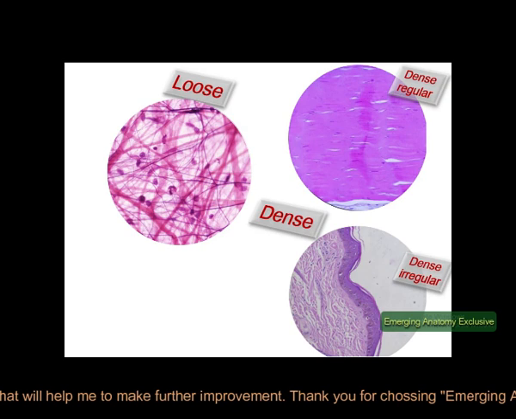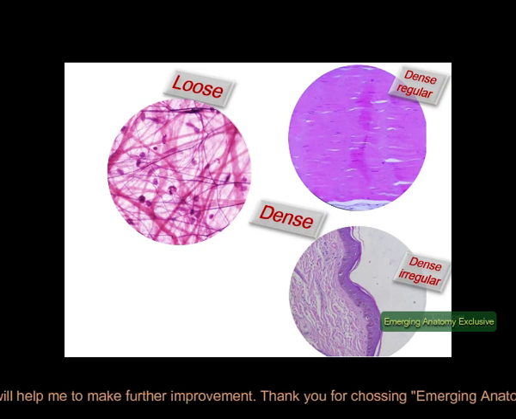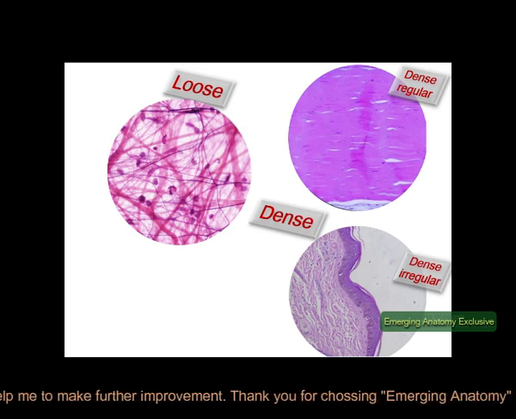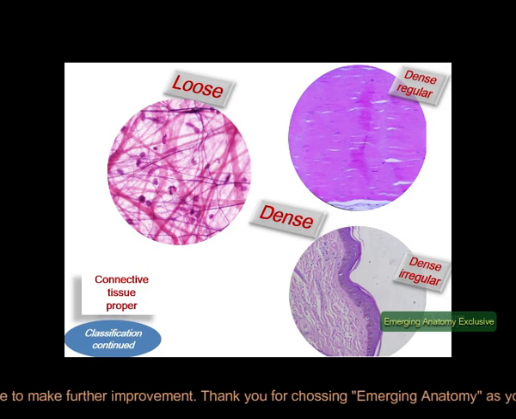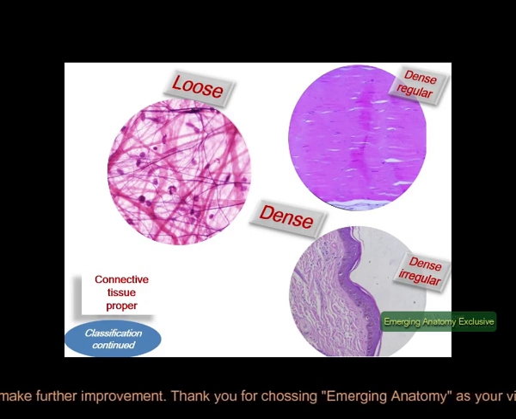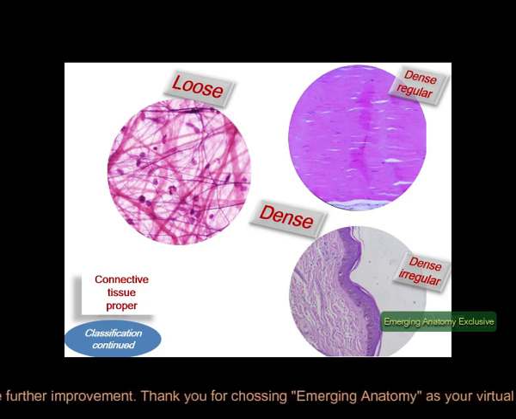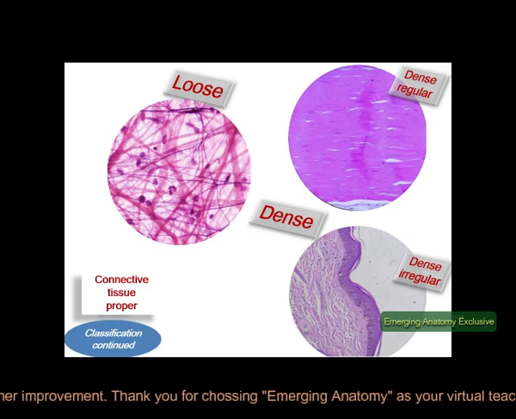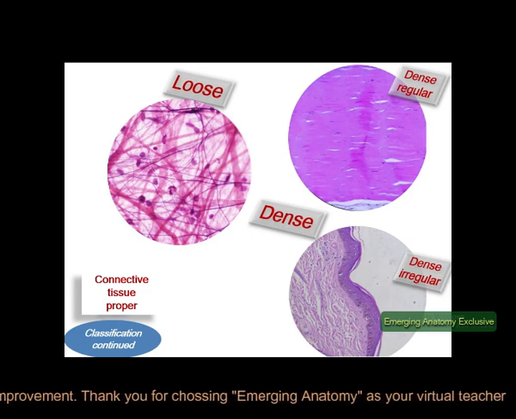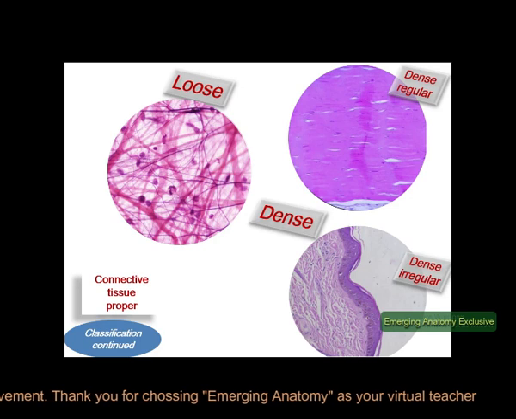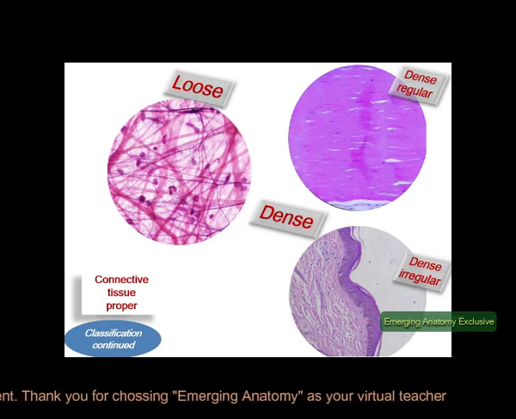Till now we have discussed one of the main types of connective tissue, that is connective tissue proper, which usually shows all three of the defining cellular characteristics of the connective tissue. Those are dispersed cells, more extracellular material than cells, and extensive fibers in the extracellular matrix.